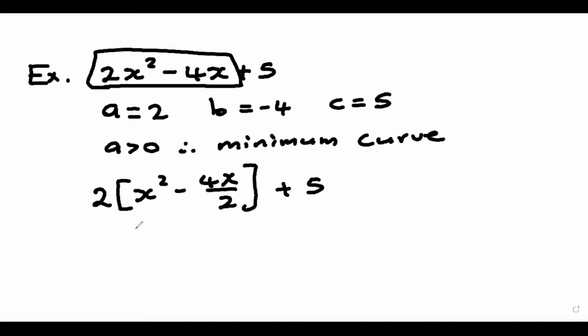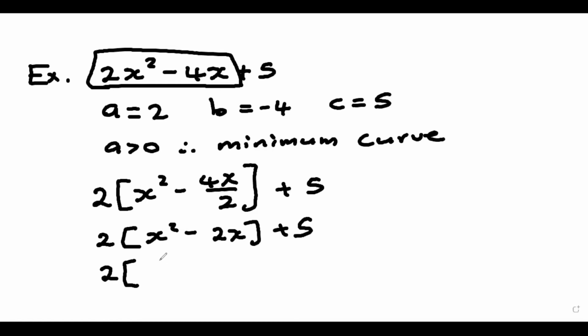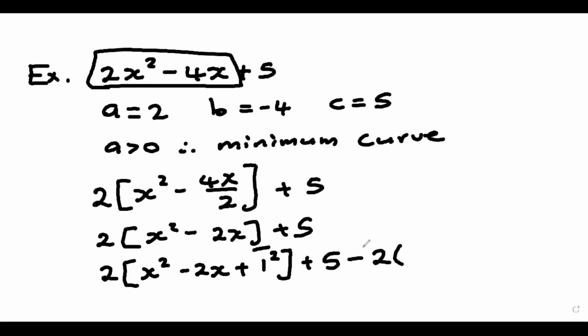So that simplified is, so now we find half of b. In this case, b is 2. Half of b is 1, and we square it. So we're adding the square of 1 on the inside, and we're subtracting a, which is 2, times what we added on the inside here, which is 1 squared.